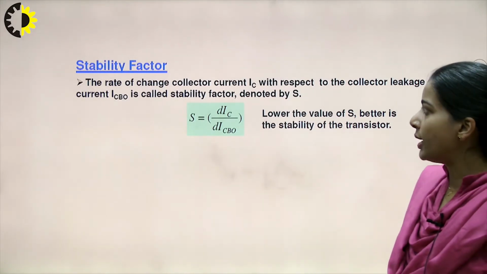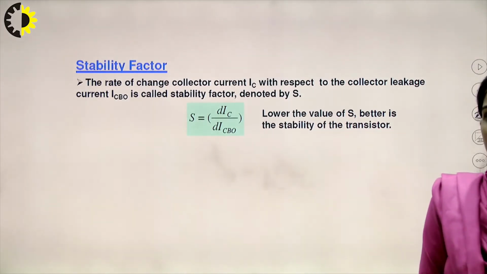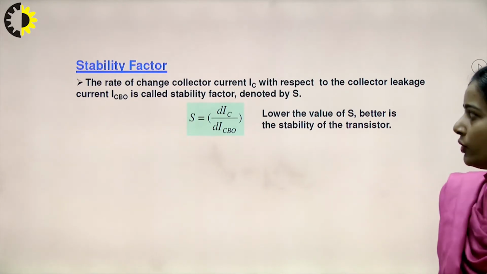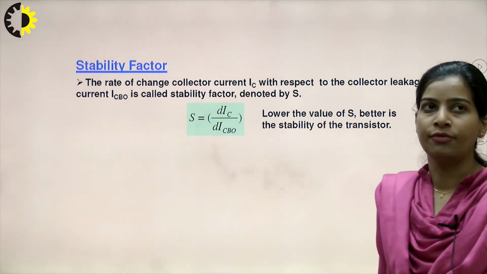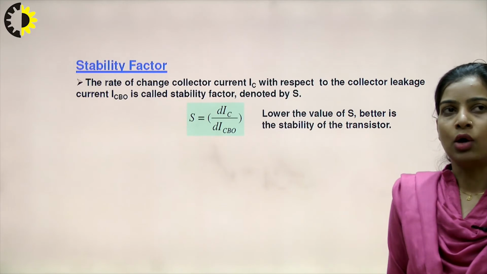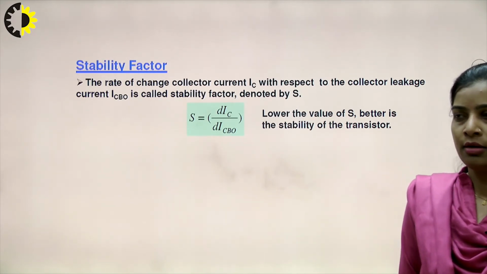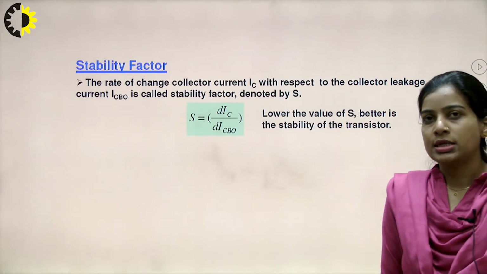Then we need to find the stability factor for the biasing circuit; we will see later with each and every biasing circuit how we can find the stability factor. What is the stability factor?